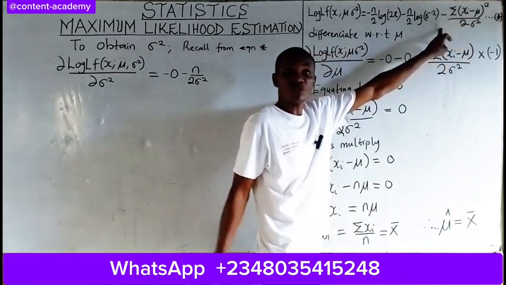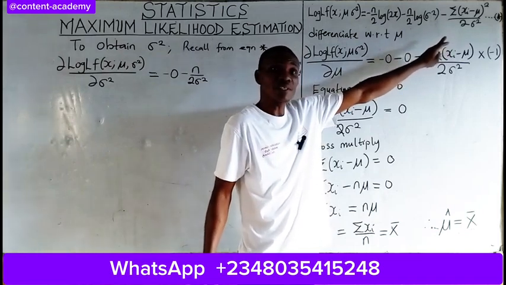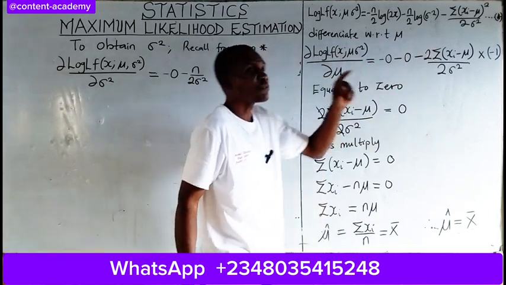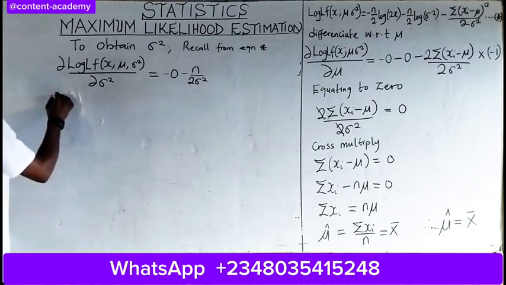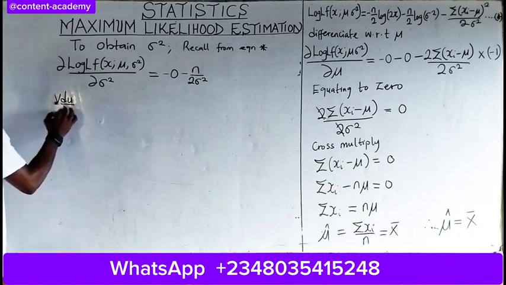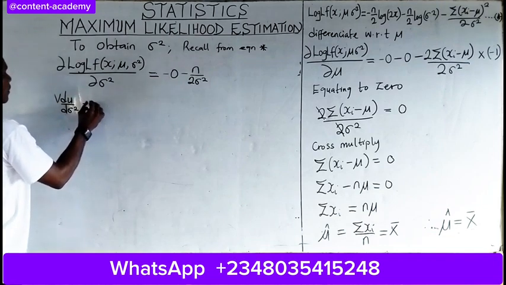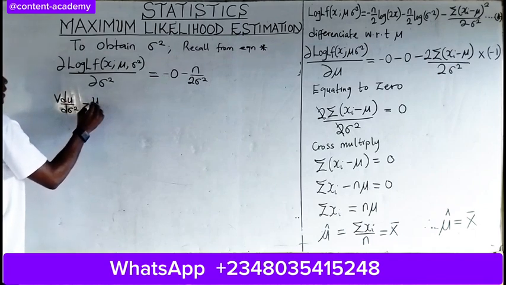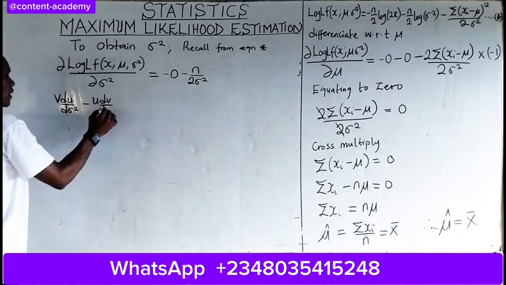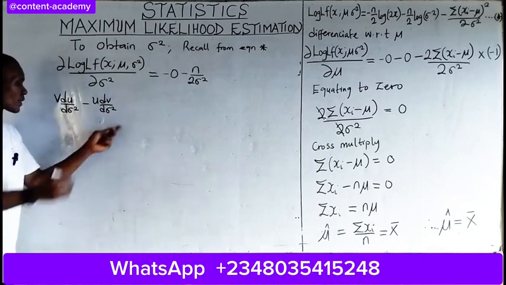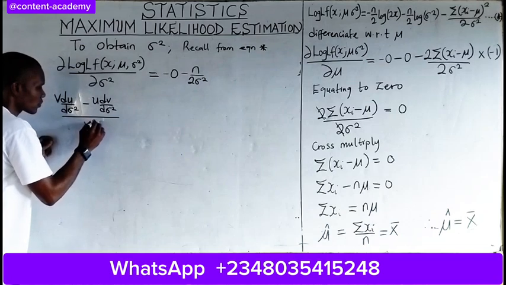Of course, if we see this function, we cannot differentiate immediately. The next thing to do is to use the quotient rule of differentiation. The quotient rule states that v du all over d sigma squared minus u dv all over d sigma squared, because we are differentiating with respect to sigma squared, all over v squared.